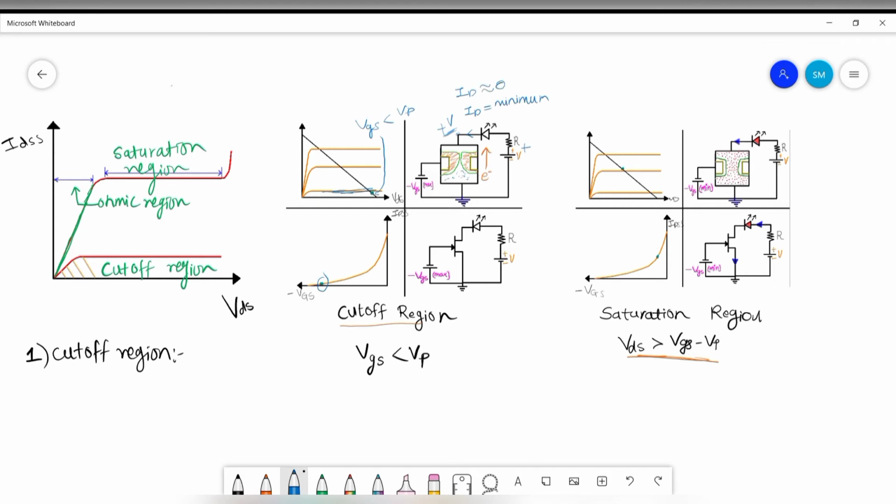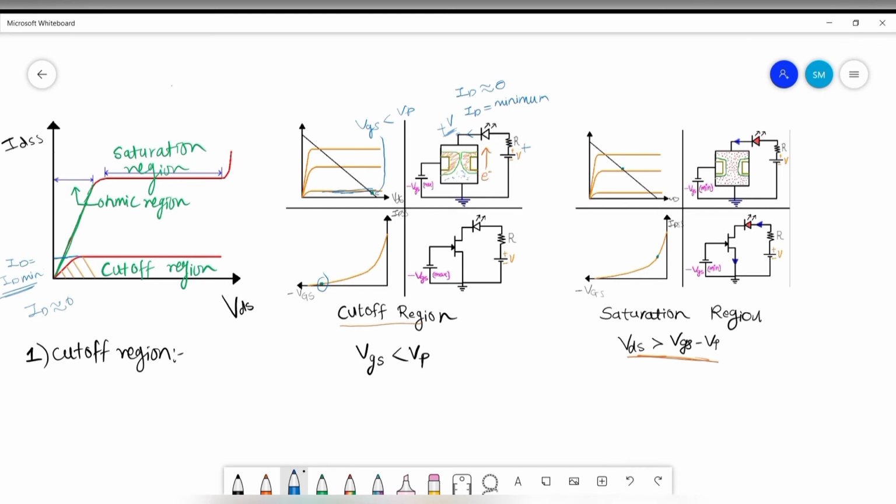In this transfer characteristic, if I extend this and draw a tangent here, I get ID equal to ID minimum, which is almost equivalent to 0, because there is hardly a difference between 0 and this particular value. So this was all about the cutoff region.